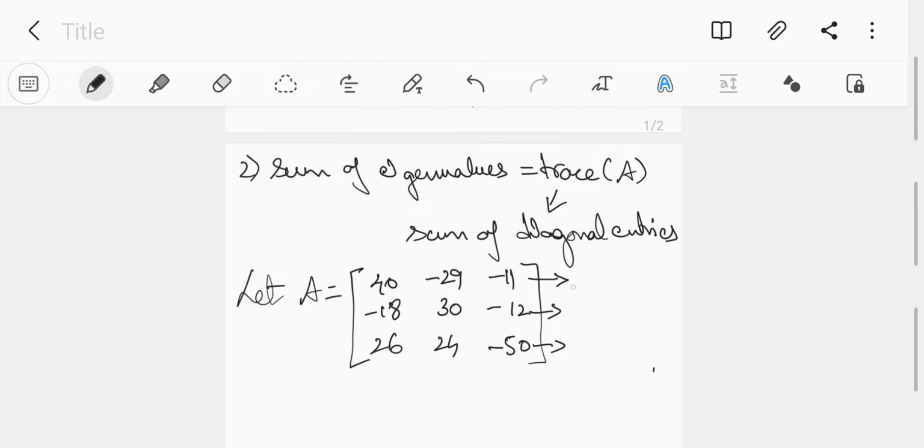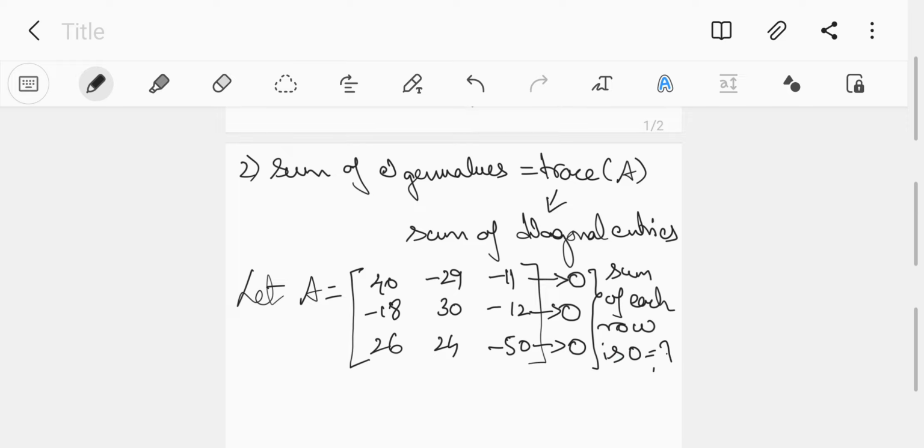Minus 40 plus 40 is 0. Second row, minus 18 minus 12 is minus 30. Minus 30 plus 30 is 0 again. Third row, 26 plus 24 is 50. Minus 50 is 0.